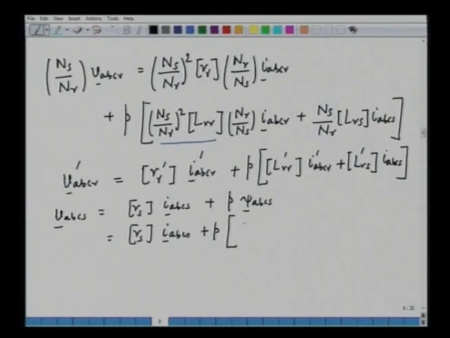So we can say here that it is LSS into IABCS plus LSR, the mutual inductance between the stator and the rotor, into IABCR.